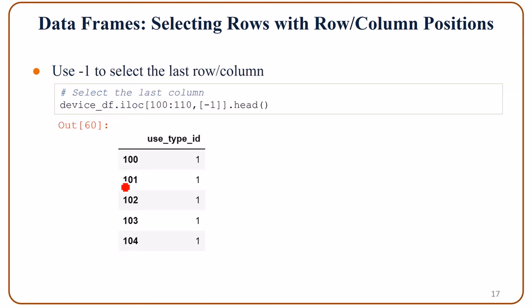If you need to select the last row or the last column, use -1. For example, if you want to select the last column, just say -1 and put it in a list so you can make sure the result returned is a data frame and not a series.